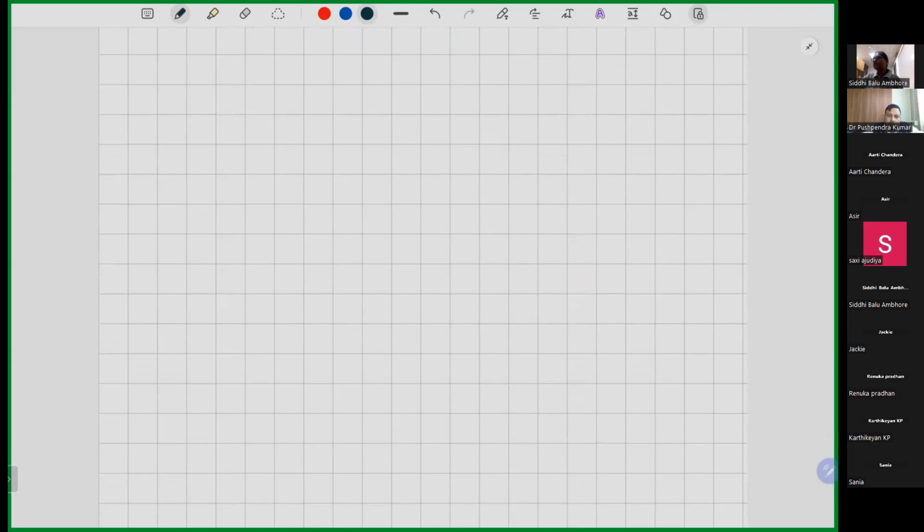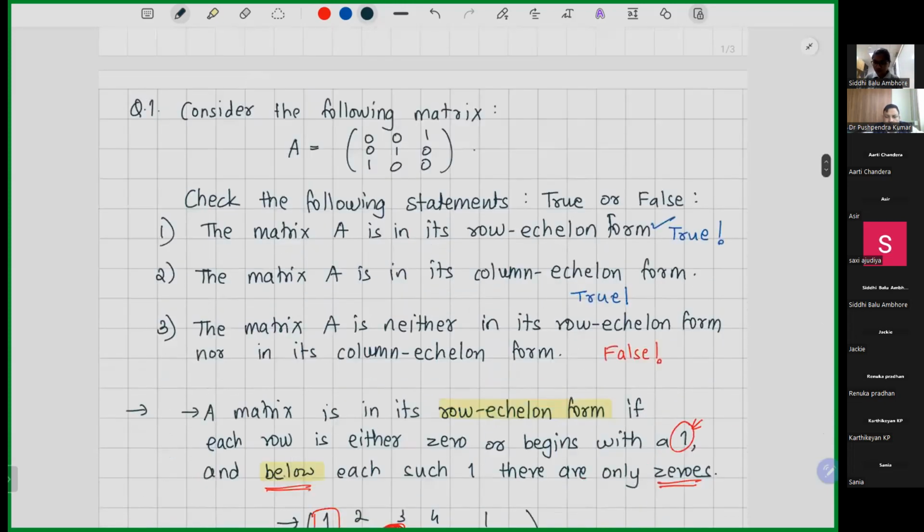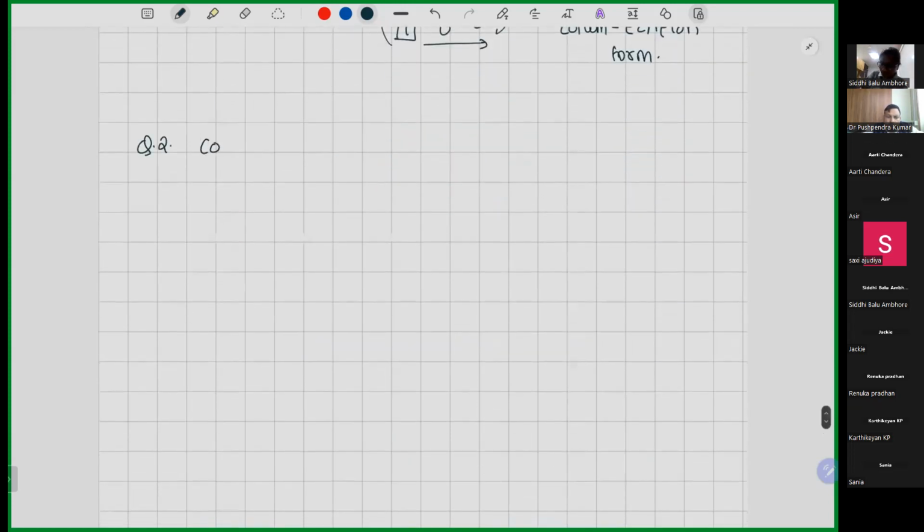Please understand those conditions carefully because they are a bit confusing. And if you have a doubt, please ask. So we'll move on for now to the next question. Now they're asking, consider the following matrix. A is equal to 1 0 2 1 0 0 0 0 0 1 0 0.